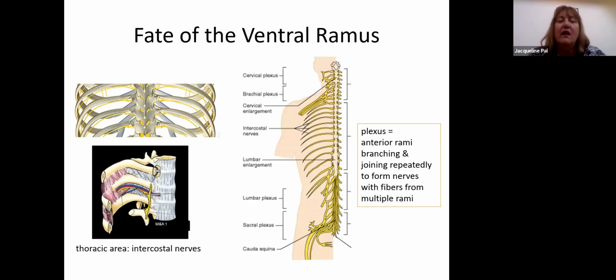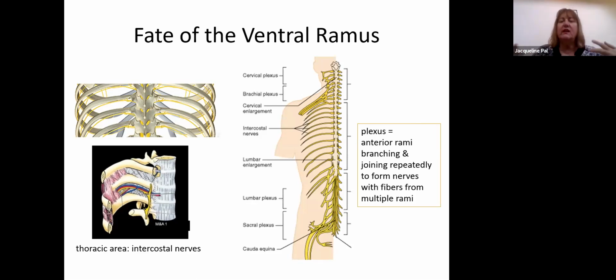All right. So thoracic area, it was easy. They became those intercostal nerves. So we have 12 intercostal nerves, one on the undersurface of each of the 12 ribs. Now, above this and below this, the rami form what are called plexuses. So those anterior rami, the ventral rami, will join together, and then they will branch, and they'll reorganize how they join together, and they'll branch and reorganize.